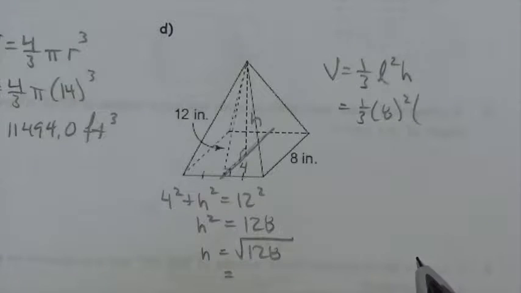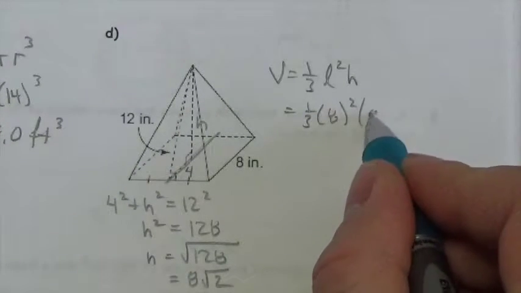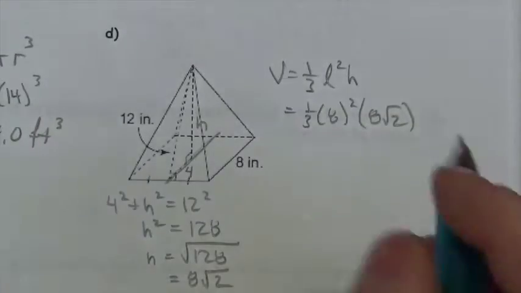Actually, we can simplify that down substantially. That, I believe, is going to be 8 root 2. Yeah, because that'll be 2 to the 7 there. Yeah, there we go, 8 root 2. So up here, we'll put 8 root 2.